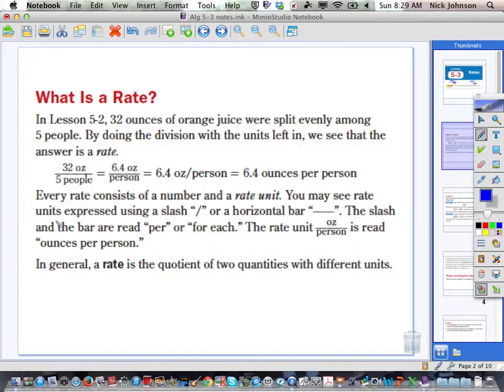The slash and the bar are read per or for each. The rate unit, ounces per person, is read ounces per person, not ounces divided by person. In general, a rate is the quotient of two quantities with different units. In this case, it was ounces per person.